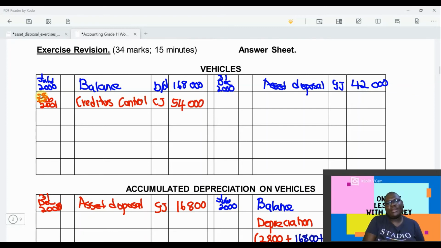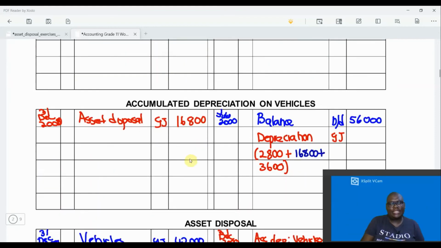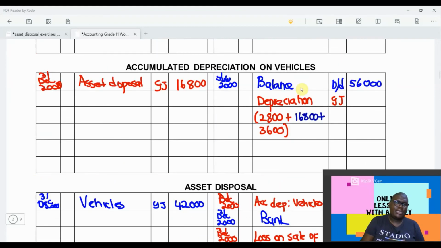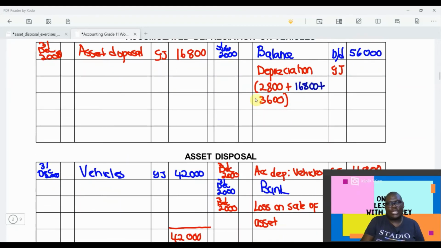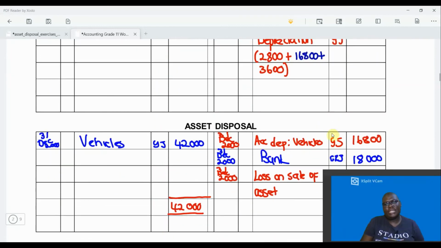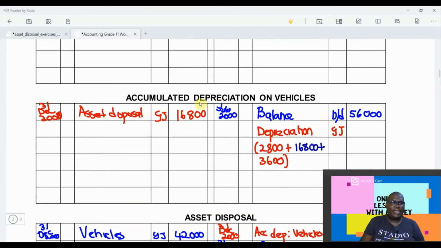From there we try and balance the sides. The most calculations were on this part, like you being able to calculate the accumulated depreciations, and then remembering that this one and this one should be the same.